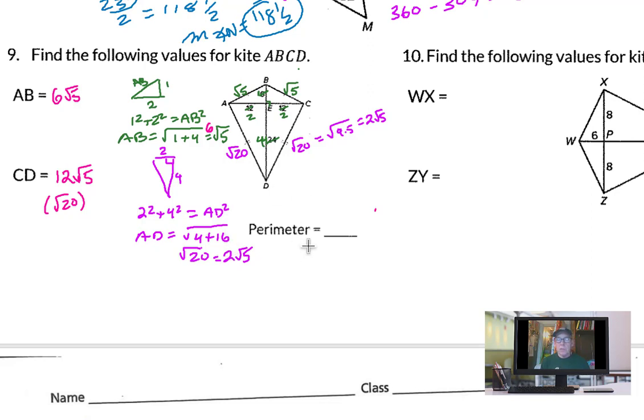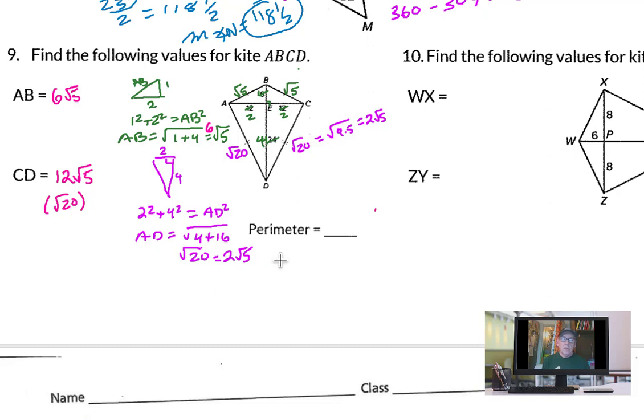Now it wants to talk about the perimeter here. I could do the same thing with these lengths here and then multiply everything by 6. We got square root of 5 plus square root of 5. That's 2 square roots of 5 plus, well, let's see, AB. So we got 6 square root of 5 plus another 6 square root of 5, because this other side is congruent to it.